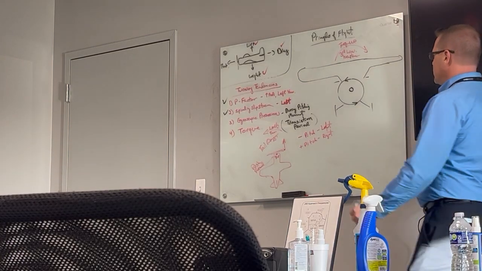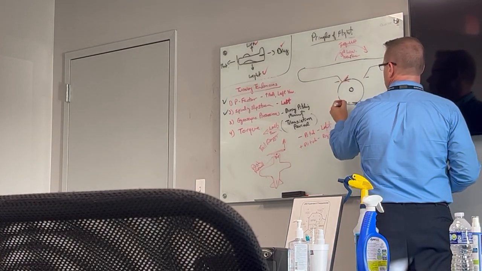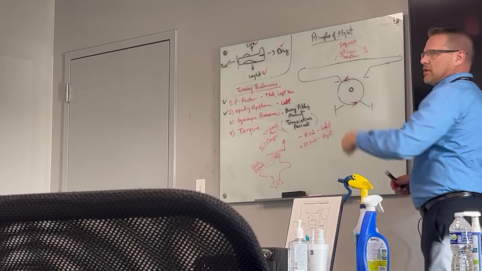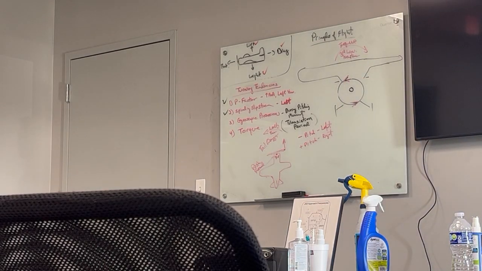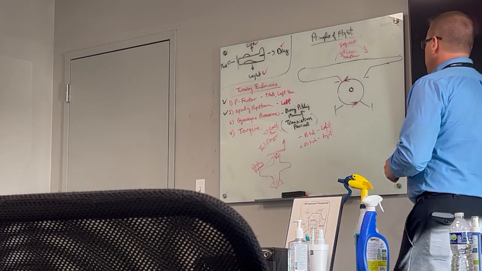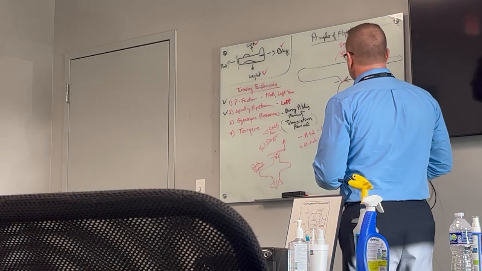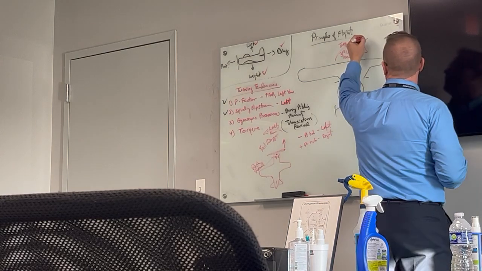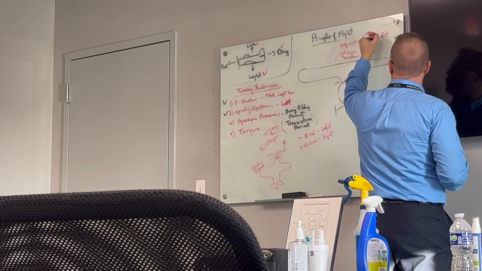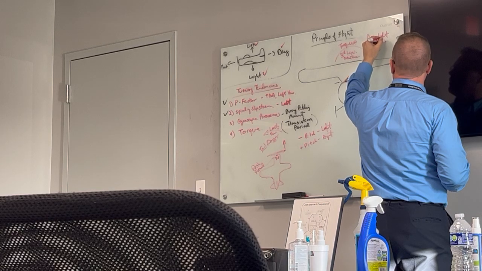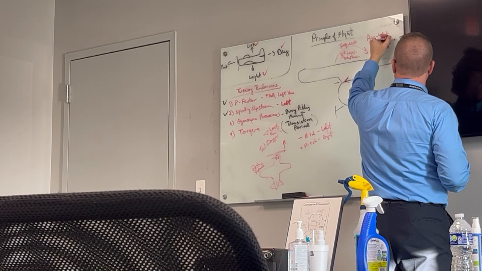If we have the propeller spinning this direction, the torque is going to be opposite the direction of rotation, okay? Now, in the air, this is a left rolling tendency.